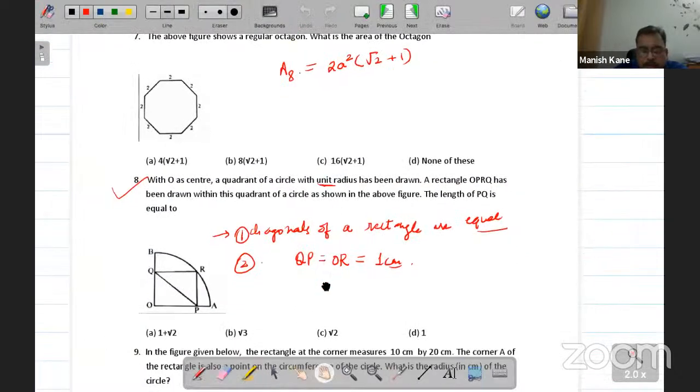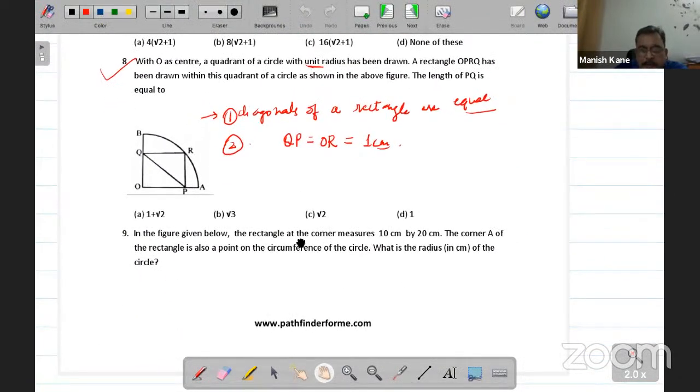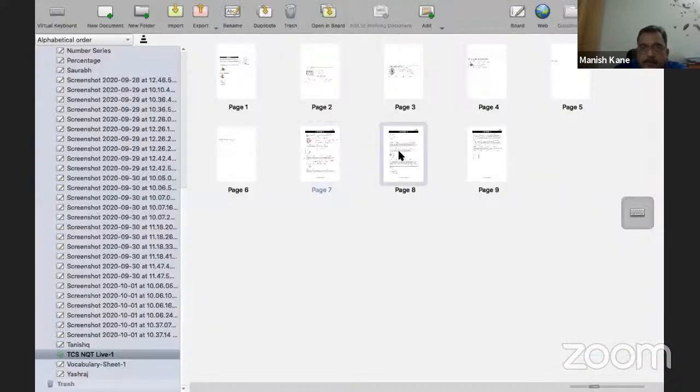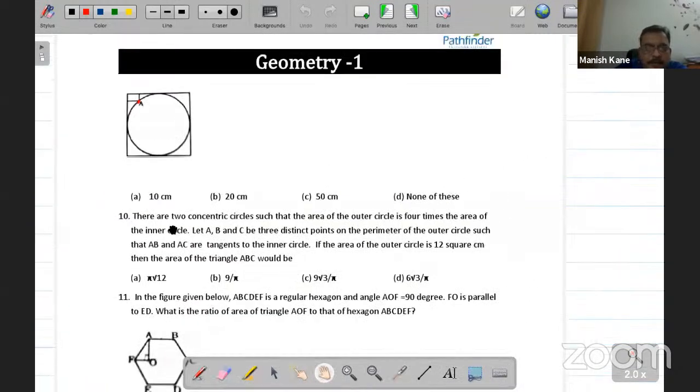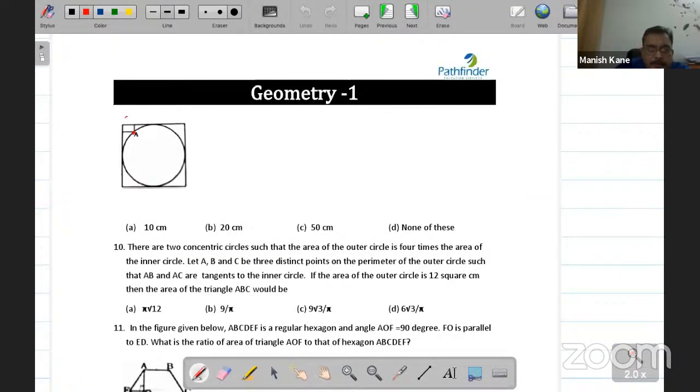Here is your question. The rectangle at the corner measures 10 by 20 centimeters. So he's talking about this rectangle. So this is 20 and this is 10.